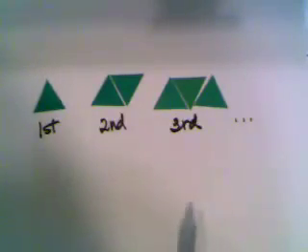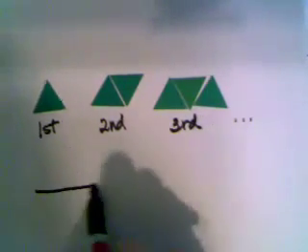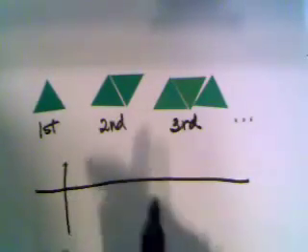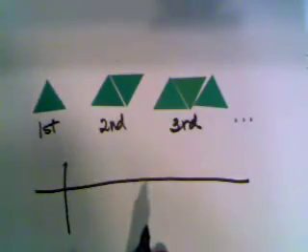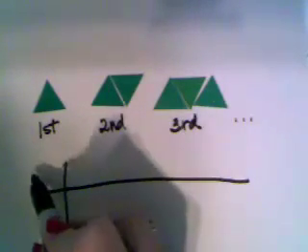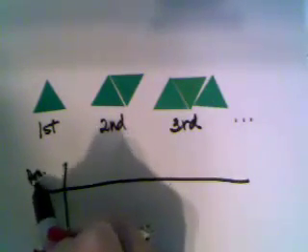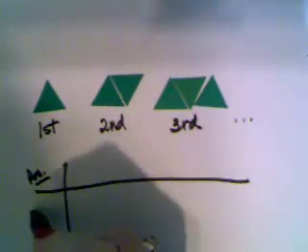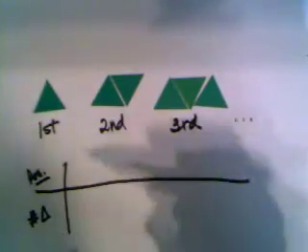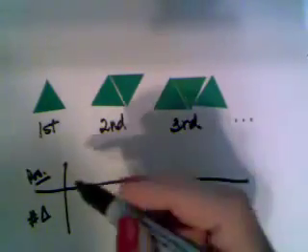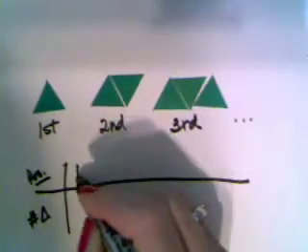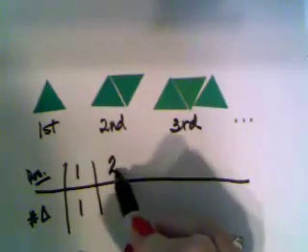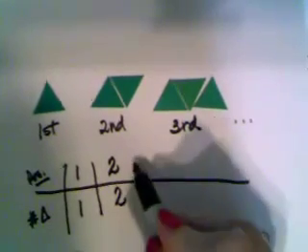We want to begin looking at our information in a table. We want to look at the position that each is in and the number of triangles that each has. So I would see that the first position has 1 triangle. The second position would have 2 triangles.